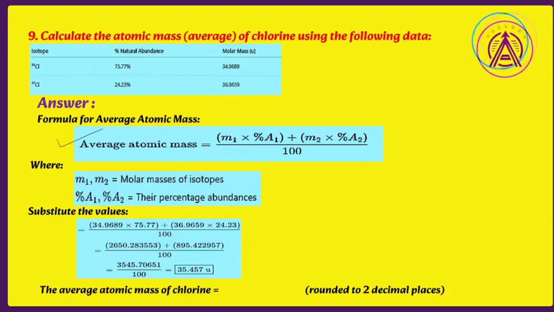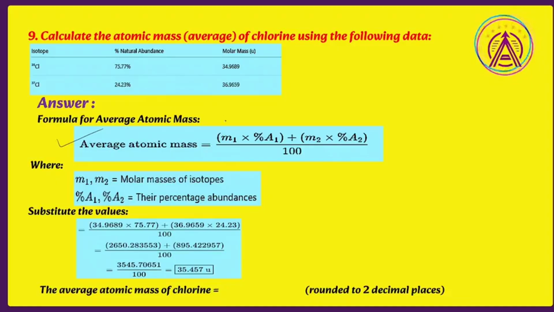So I have M1, which is the molar mass of my first isotope, chlorine 35, and its relative abundance, natural abundance, 75.77%. Similarly, M2 is 36.9659 over here, and its relative abundance is 24.23%.